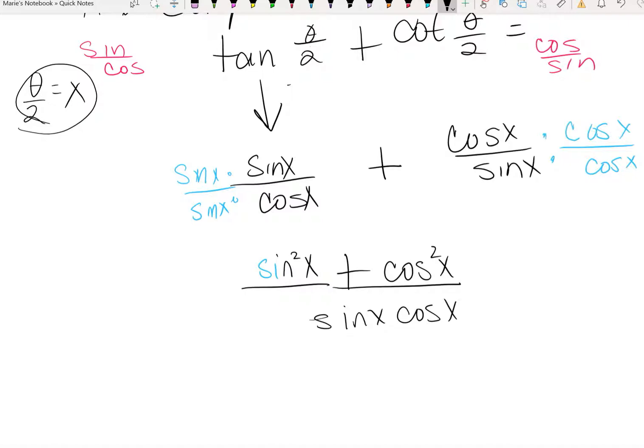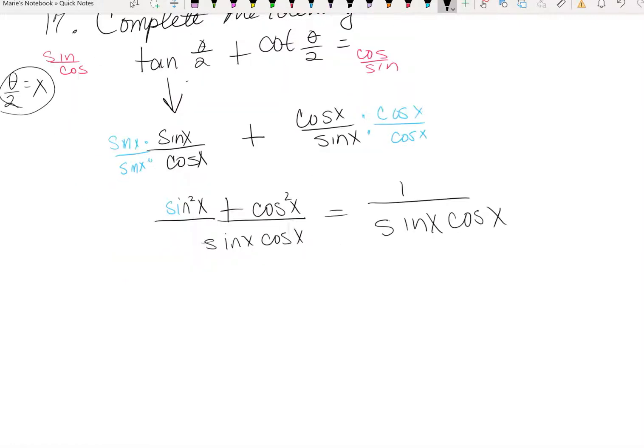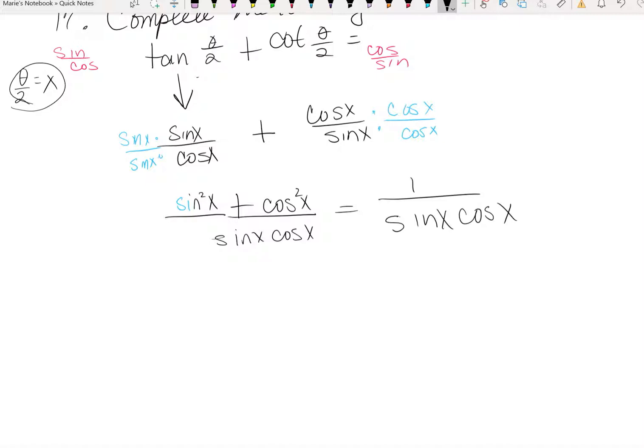Again, I refer you back to the identity where we know that sine squared theta plus cosine squared theta is 1. So our numerator technically is 1 over, at this moment, sine x cosine x. Okay, now we reintroduce our substitution.